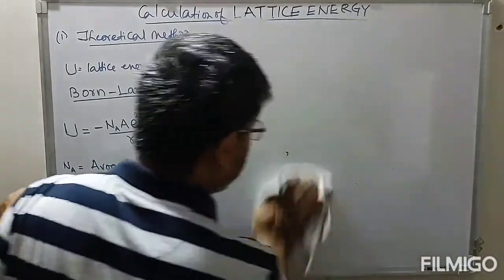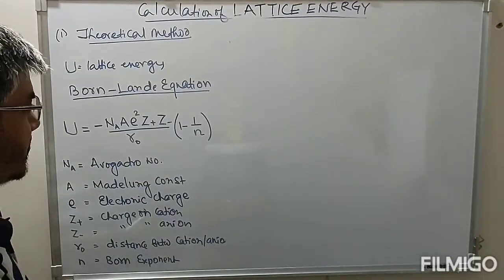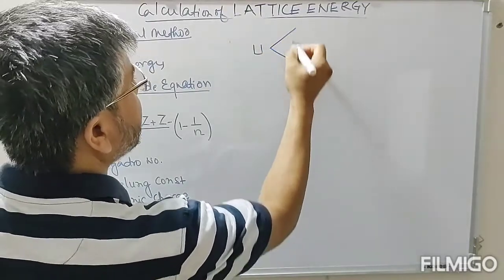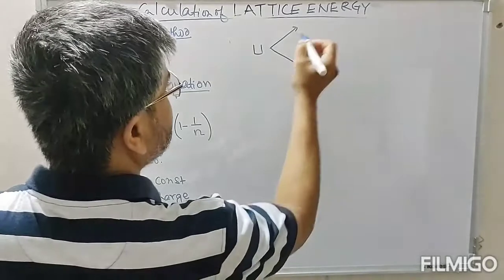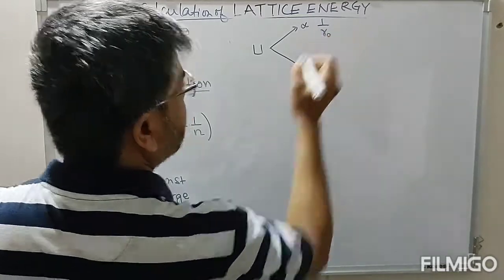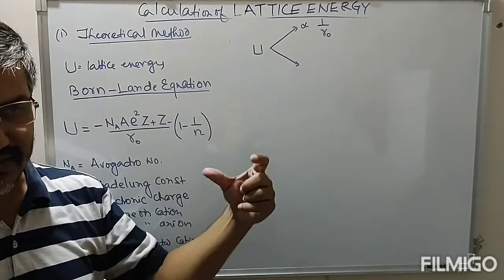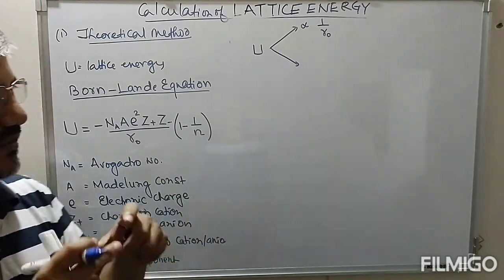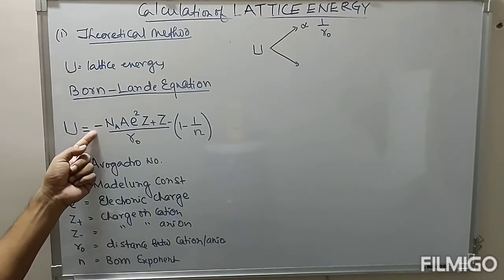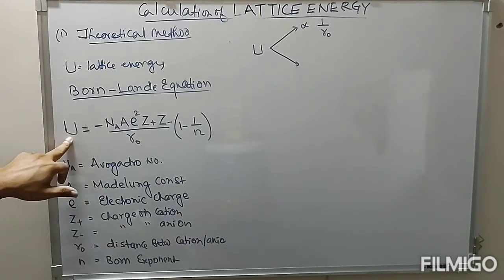Now if you look at this equation very carefully, this lattice energy depends mainly on two factors. Look at this, it is proportional to 1 by R naught. That means if the distance between the ions at which the bond is formed is more, the lattice energy will be less.